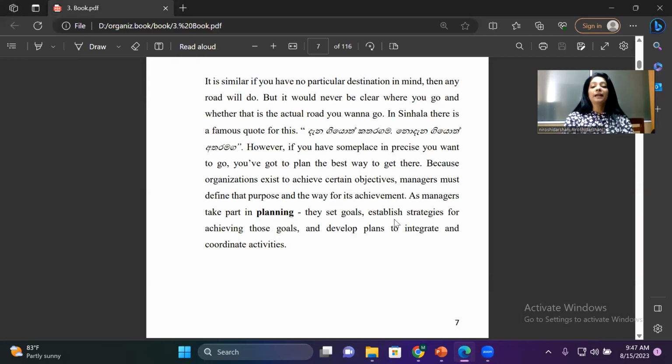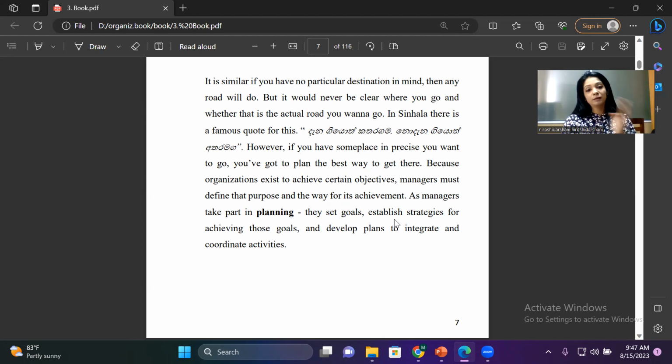Right. So planning. There are basically 3 main aspects that we are focusing on in planning, right? The first thing is that you have to decide what goals and objectives you are going to achieve.